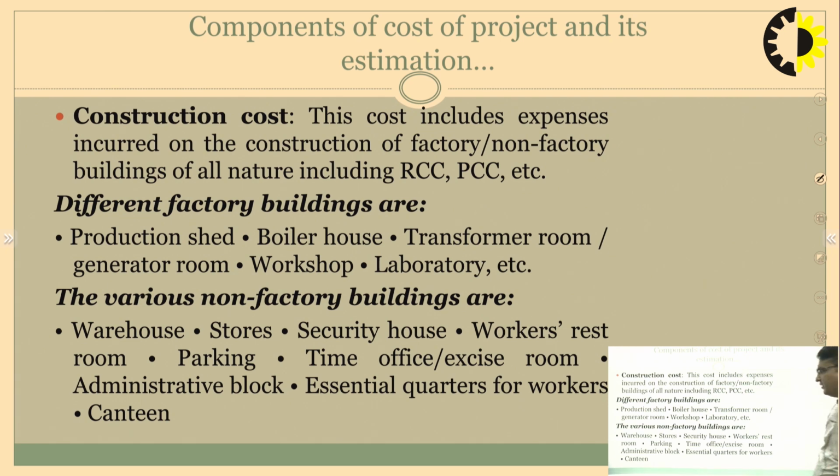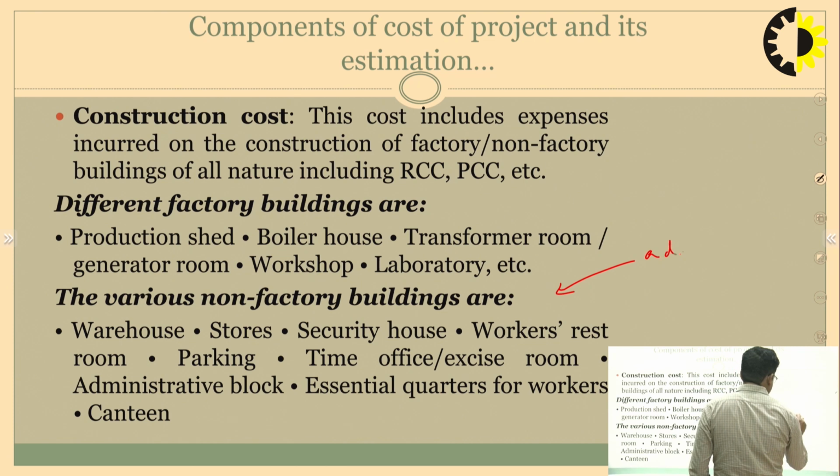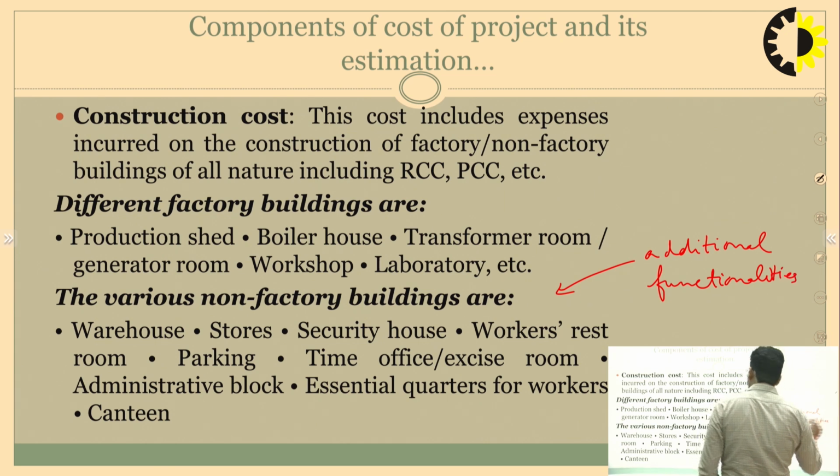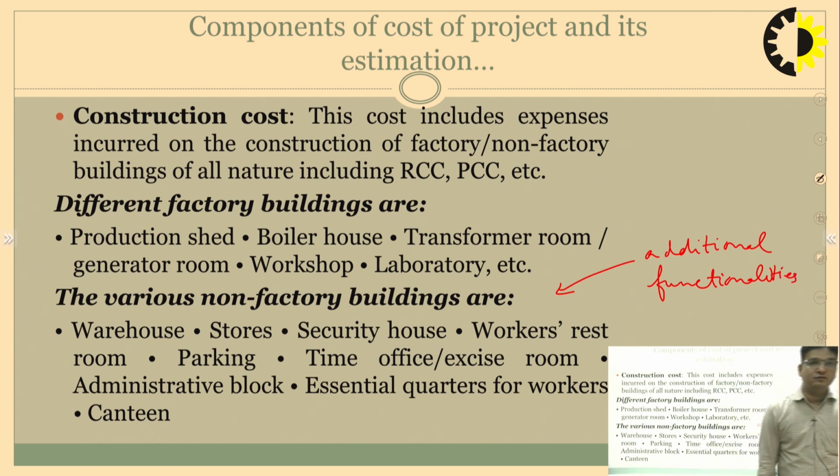Now, there are certain buildings within the site which are non-factory buildings, used for additional functionalities. Like a warehouse, stores, a security house for security persons, and a worker restroom for the workers to take rest.